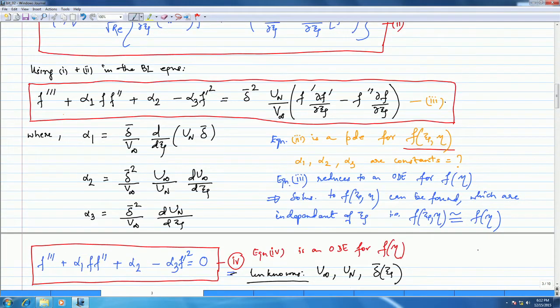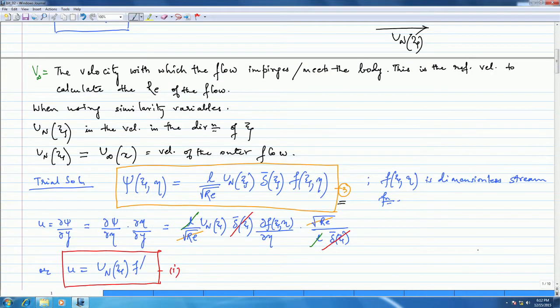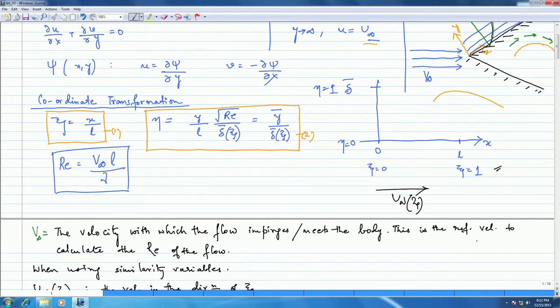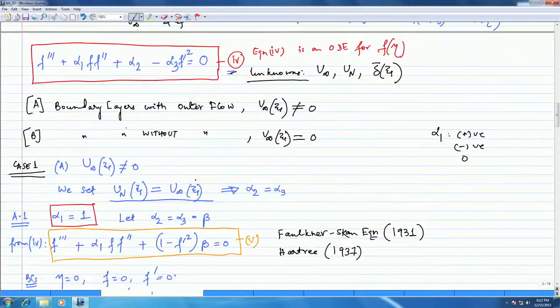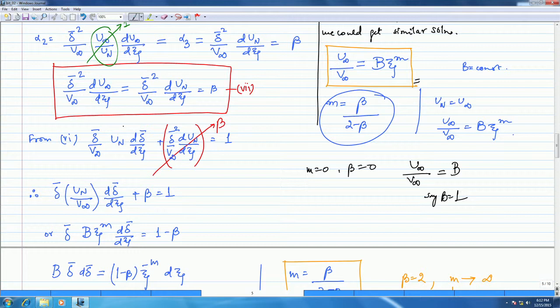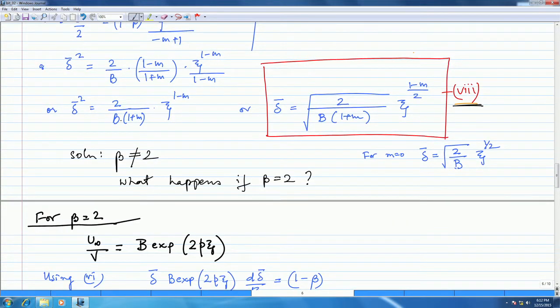Zeta is our x by L. So, b is 1, so delta bar is basically equal to under root of 2, and under root of x by L, or delta bar is basically 2x by L.